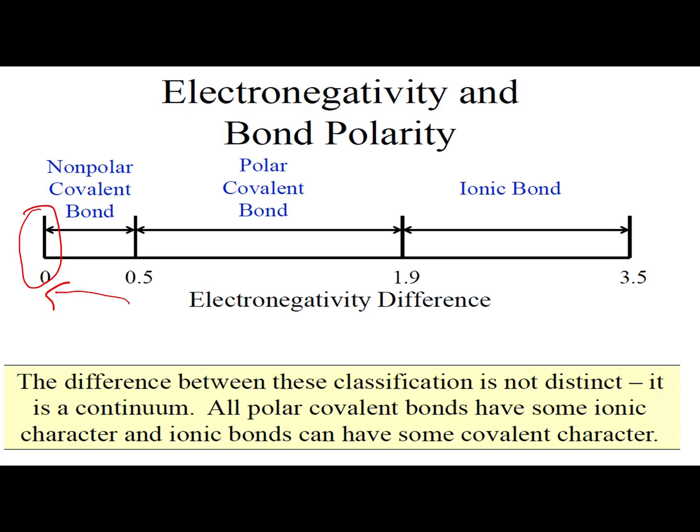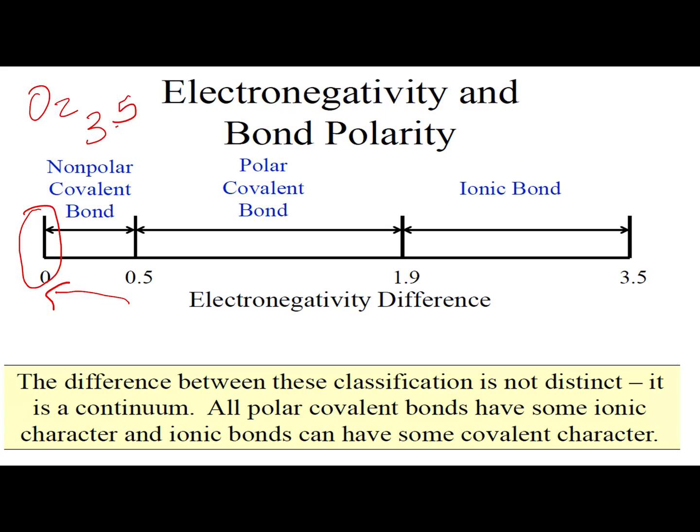And so remember, if the two atoms have the same electronegativity, they will be completely covalent, because if you look at oxygen, if you have O2, each oxygen has an electronegativity of 3.5. But if you look at the difference, 3.5 minus 3.5 is 0.